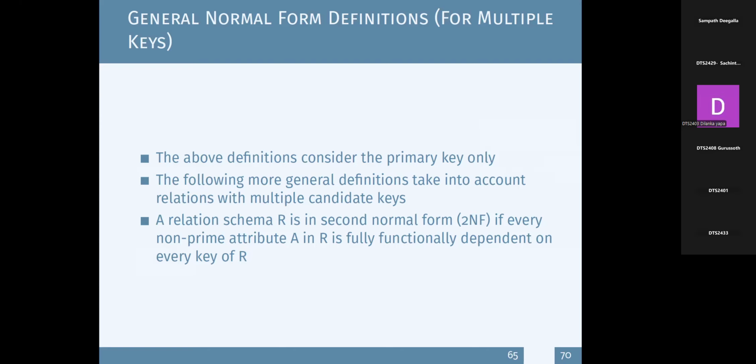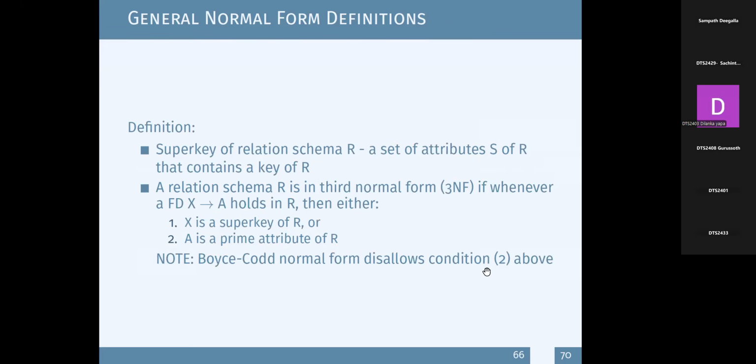Now, when you have multiple keys, all the non-prime attributes, what do you mean by non-prime? All the attributes that are not part of the primary keys, then they should be fully functionally dependent on the key. That's the violation we observed earlier.